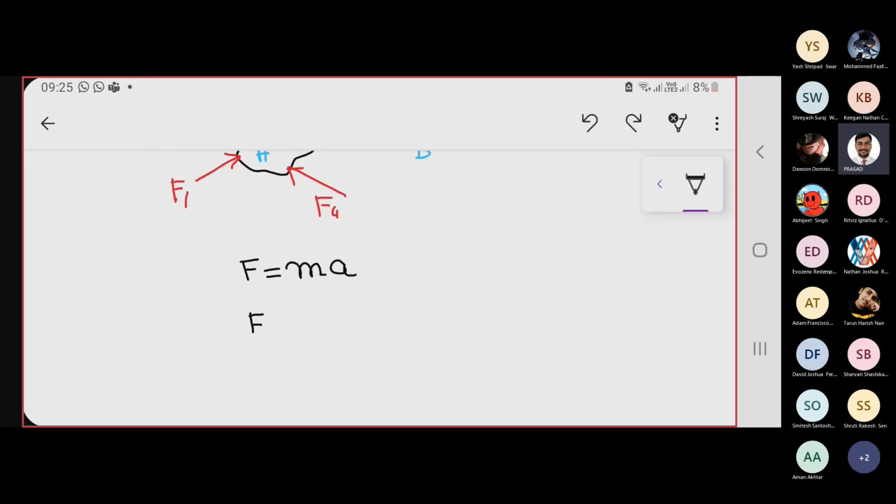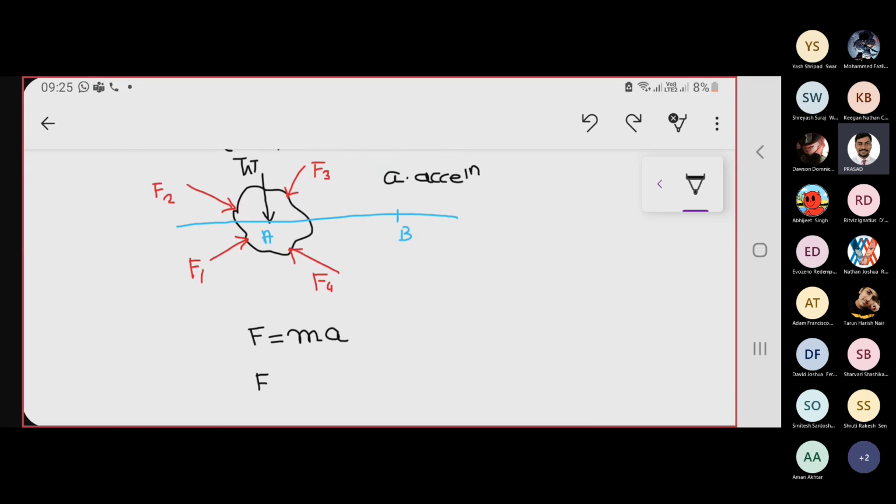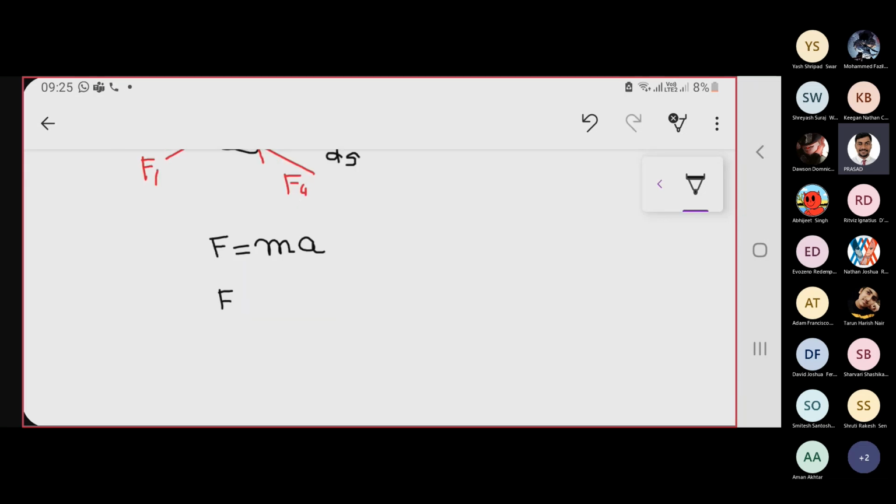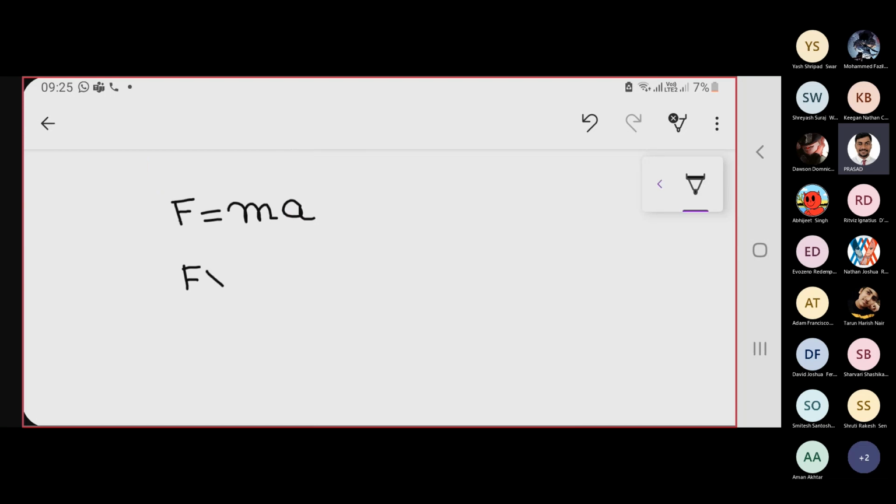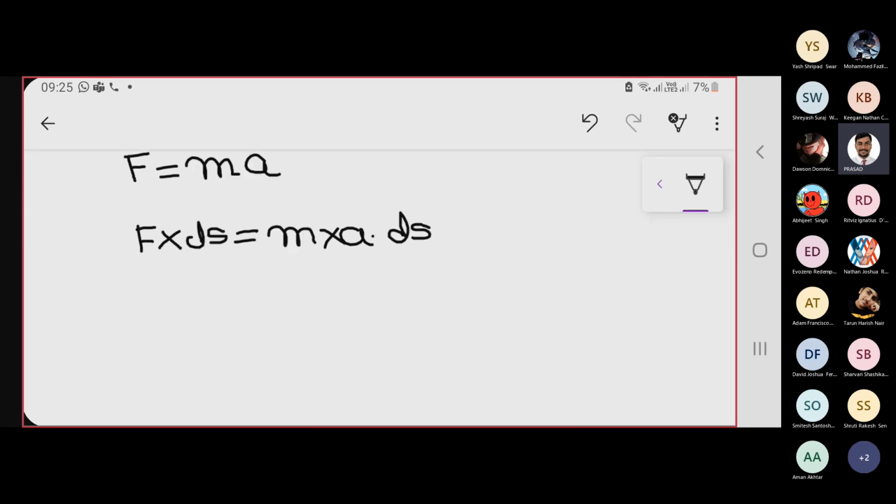Let's say this body moves by a distance of ds. So we can write F into ds is equal to mass into acceleration into ds.